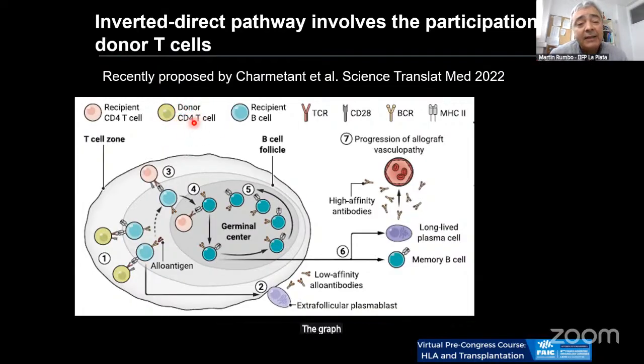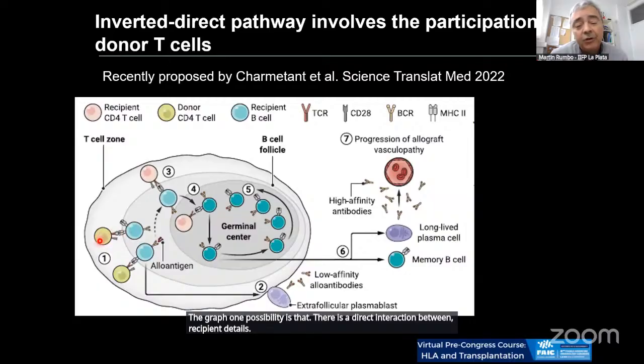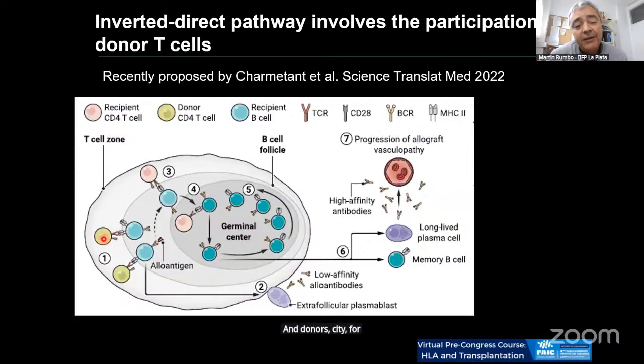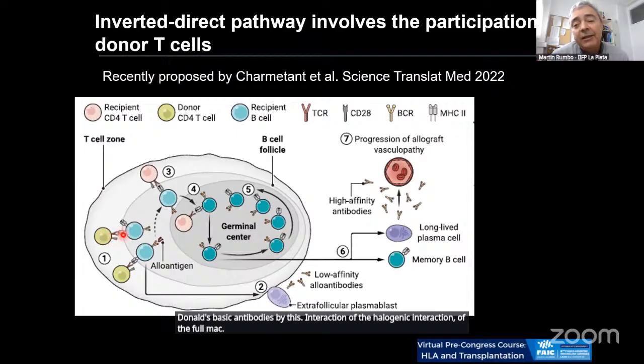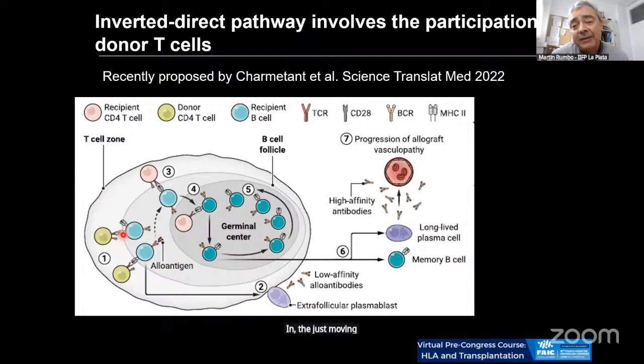One possibility is that there is a direct interaction between recipient B cells and donor CD4 cells, and this interaction activates the generation of donor-specific antibodies, by the allogenic interaction of the full MHC, mimicking the direct pathway, but in the opposite way.